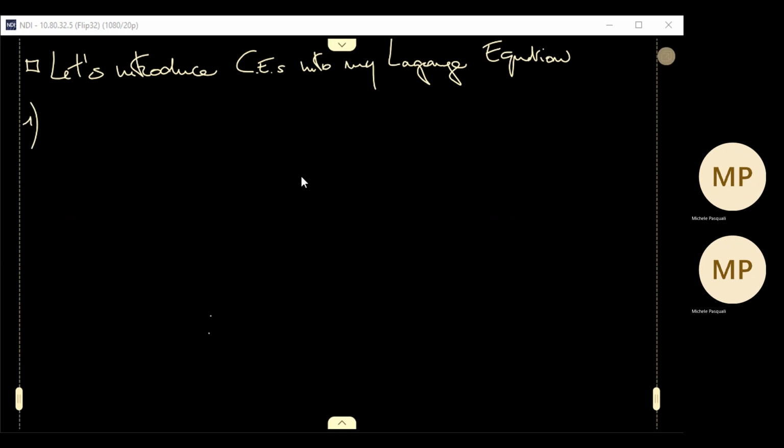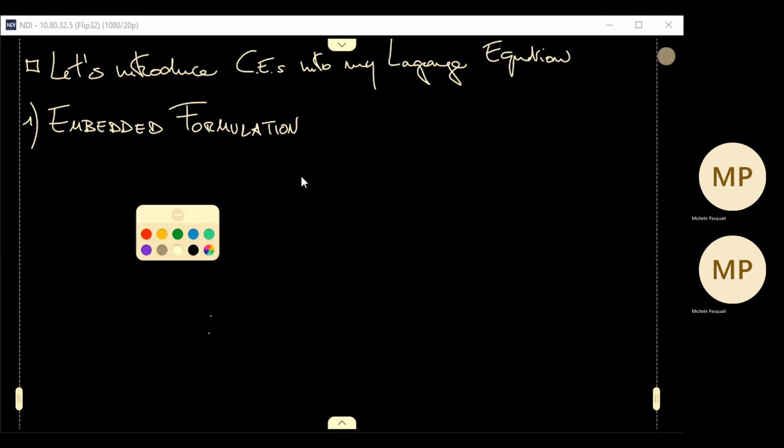So the first one is called embedded formulation. All right. And already the name gives you a flavor of what we are talking about. Embed, meaning include, and actually through a substitution operation. So this is the first technique.